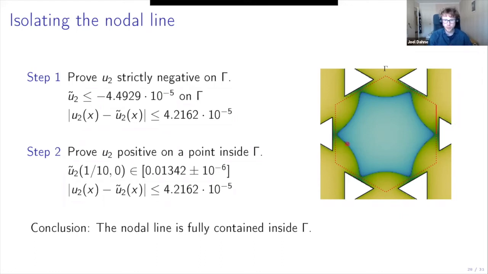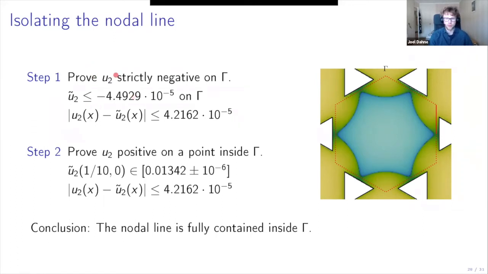Then, in the blue thing it's positive, we prove that there is a positive point inside here. This means that since it's positive somewhere in here, and it's negative on this whole thing, it needs to change sign somewhere in there. So the nodal line must at least partially be in here. But since it's strictly negative on this whole thing, the nodal line can't cross this gamma. So the nodal line must be fully contained inside this gamma, as we see here.